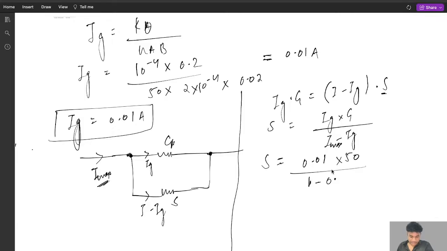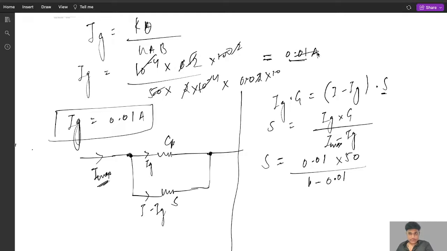Please check the calculation once. It will come out as 0.01. Let me check once by myself. Okay, I think it's 100. It's 2, 10. This cancels out this, and this cancels out this.